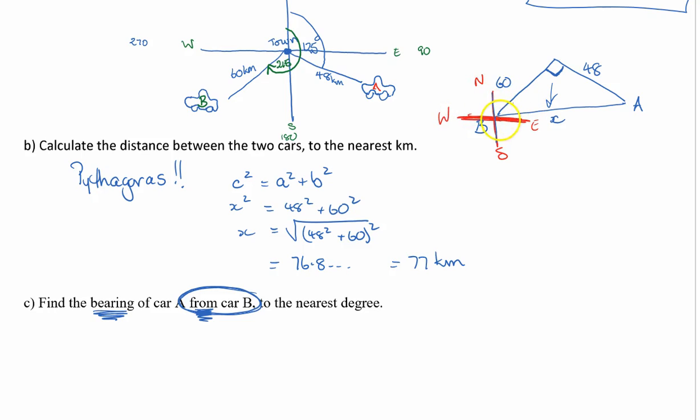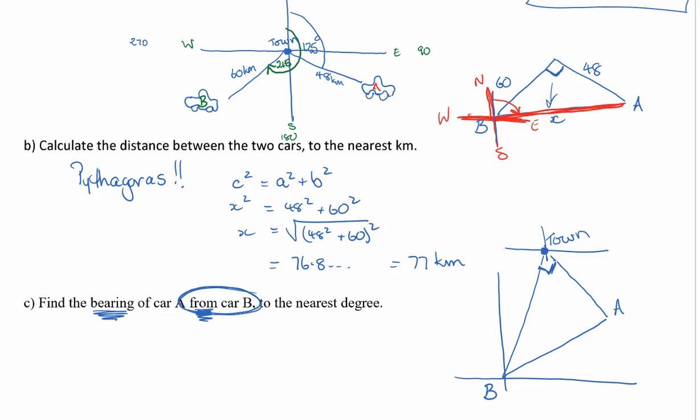The bearing from B to A is actually this angle. Now, this is not an easy question. Not easy at all. You can see now I've redrawn the diagram.